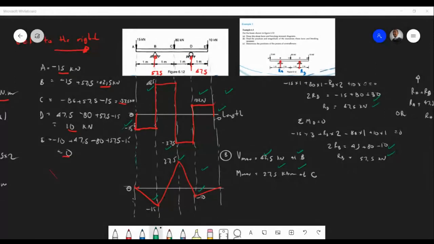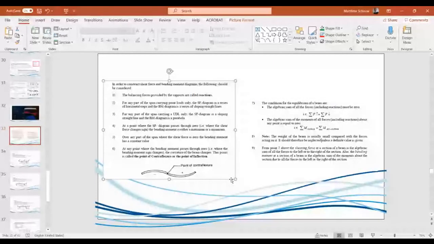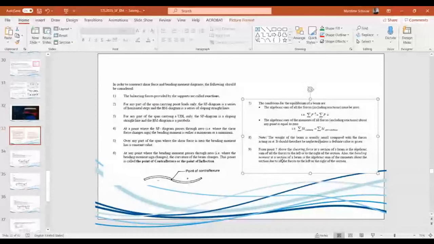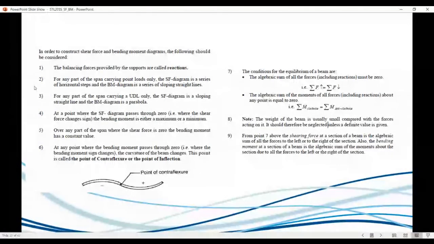Like I said, just to complete the theory component of the lecture. The only thing worth noting on your diagram, and this is very important, is that at the point where the shear force diagram passes through 0, where the shear force sign changes, the bending moment is either a maximum or a minimum.